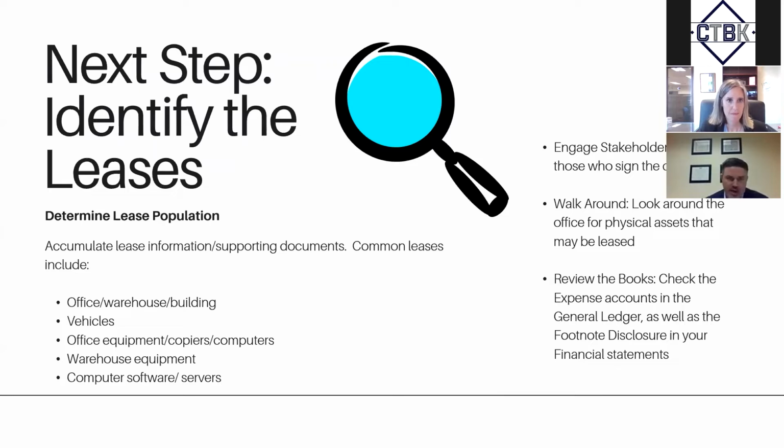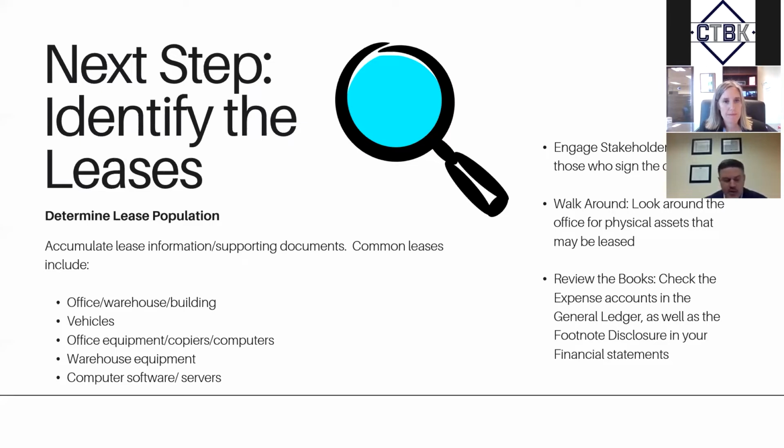So our next step in the process is identifying the leases. And again, our overall goal here, you need to determine the full lease population and then accumulate the lease information, find the supporting documents that you need in order to help build a list with all the applicable terms. So common leases and the things that immediately come to mind that are applicable to several organizations would be, first of all, your facilities, offices, warehouses, buildings.